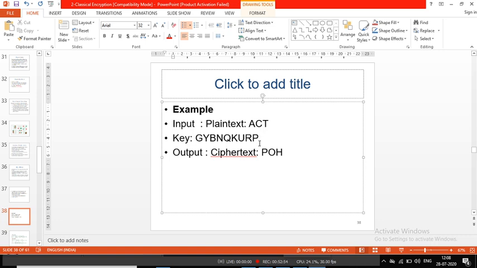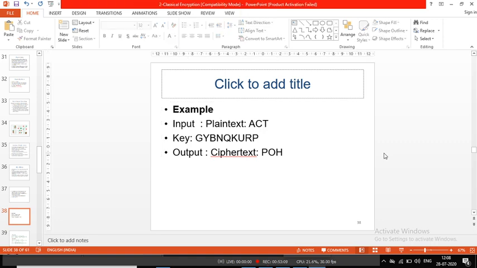Clear? You just write it like that as a 3 cross 3 matrix. Now you convert the original letters into numerical values.